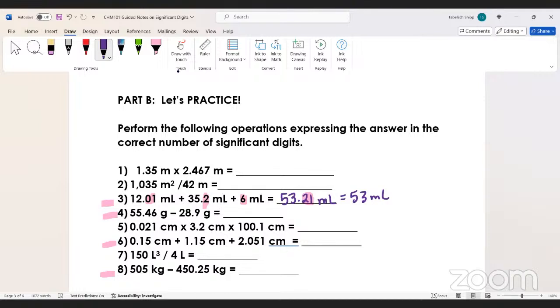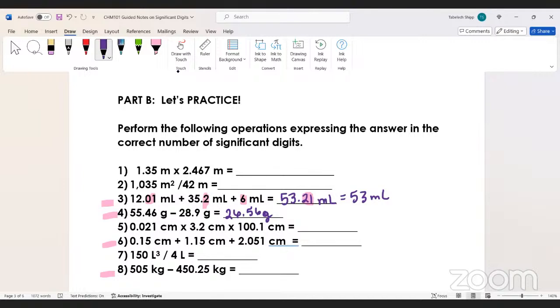Number 4. Let's take a look at number 4. We've got 55.46, so let's plug that in, minus 28.9. We get 26.56 grams on the calculator, but what should be the correct answer based on the significant digits rule?